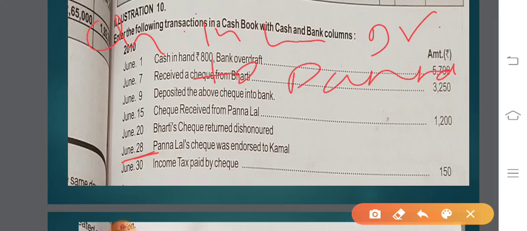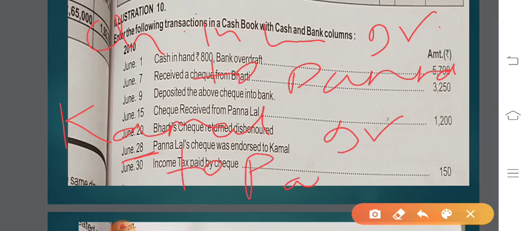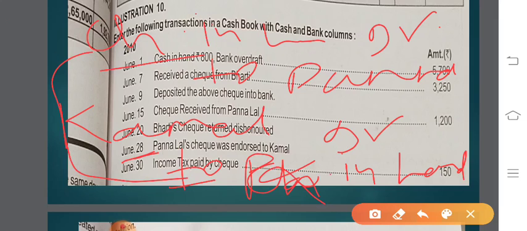So now entry, what is happening here? When we receive check, in hand account debit to Pannalal. Now we endorse that check to Kamal. So Kamal being receiver, Kamal debit to check in hand, right? So these entries, check in hand, got cancelled.